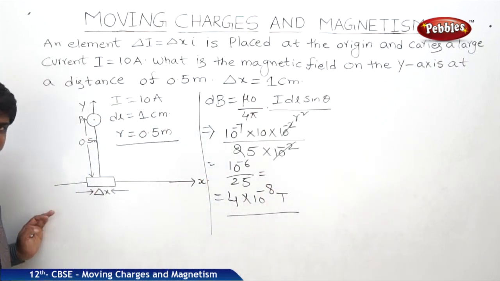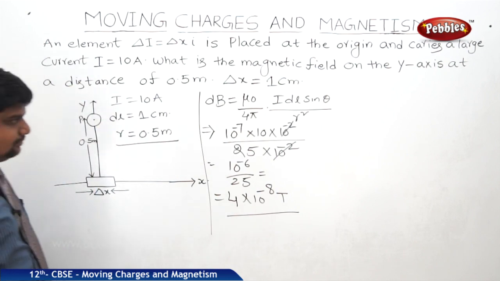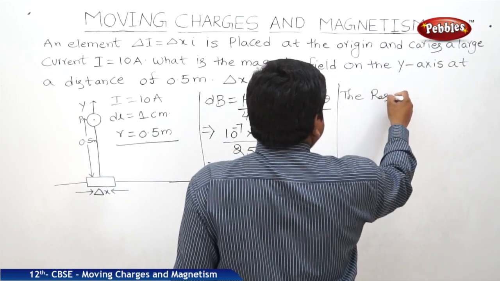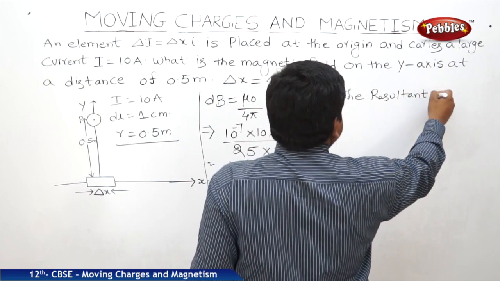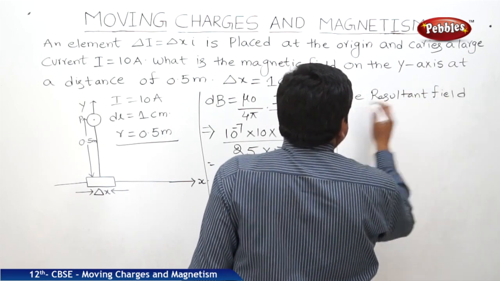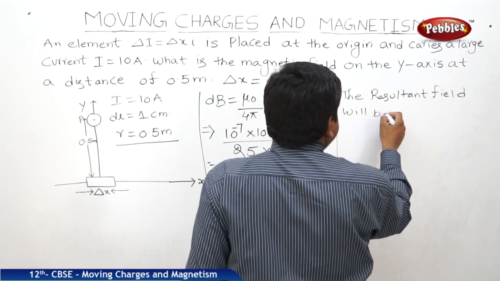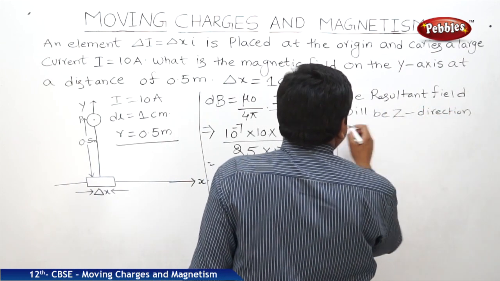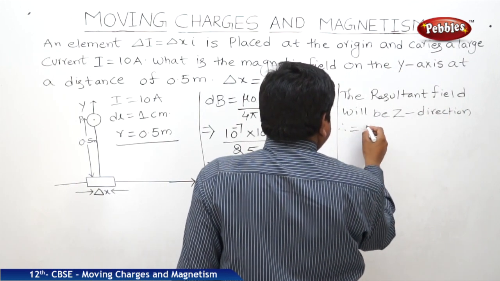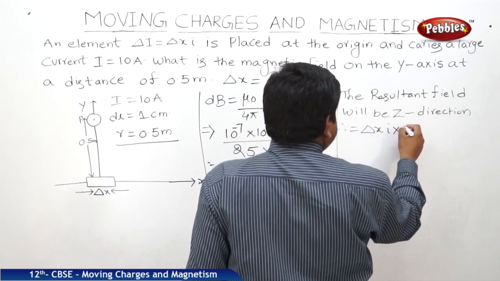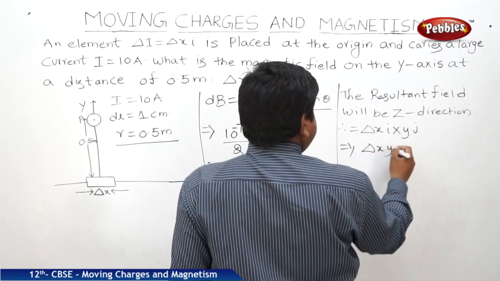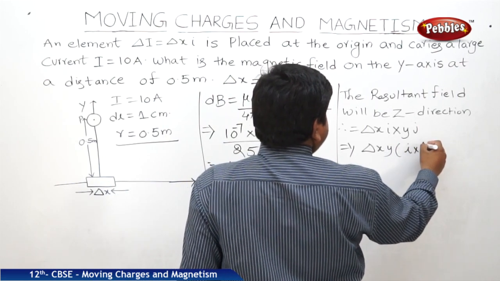The current is in the x direction, the field is in the y direction, so the resultant will be in the z direction. So the resultant field will be in the direction of the z axis. Why? It is Δx i cross y j, so Δx y into i cross j.